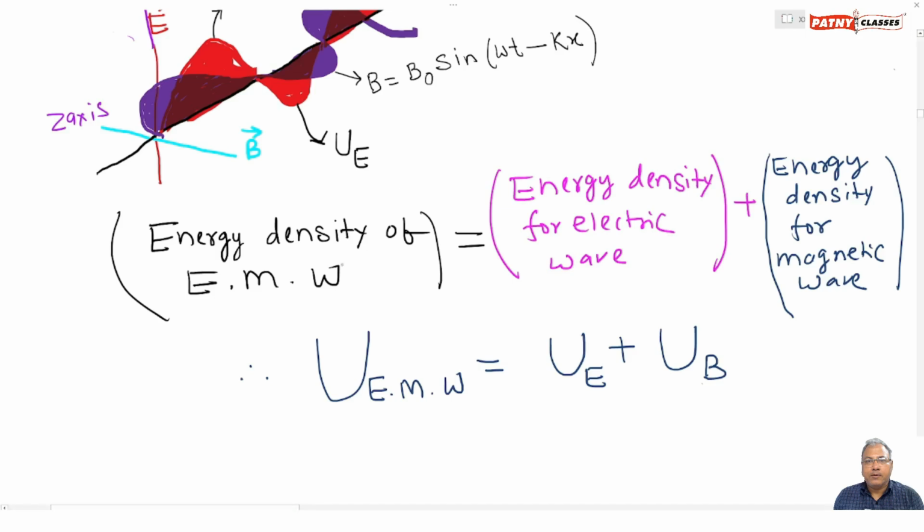Therefore, the energy density of the electromagnetic wave equals the energy density for the electric wave plus the energy density for the magnetic wave, that is U EMW equals U with suffix E, the energy density due to the electric wave, plus U with suffix B, the energy density for the magnetic wave.